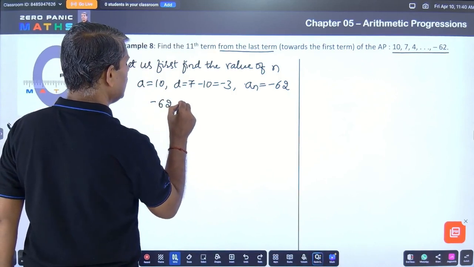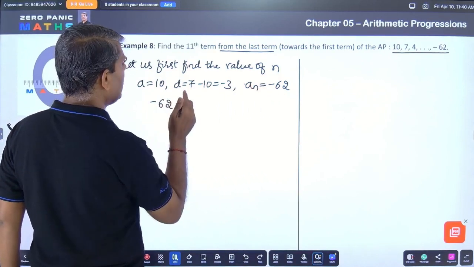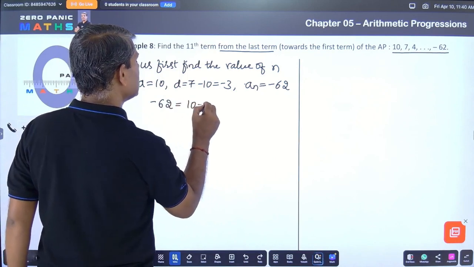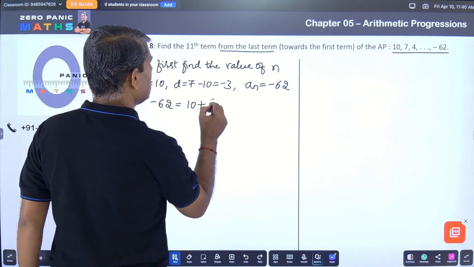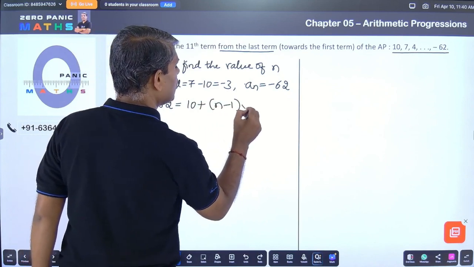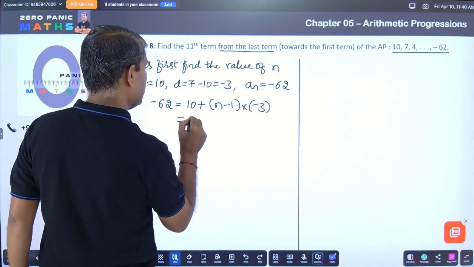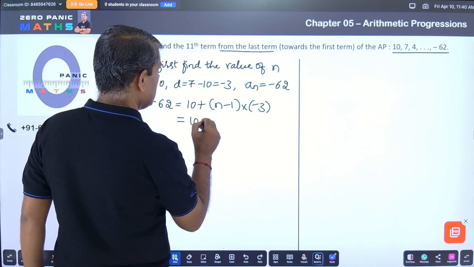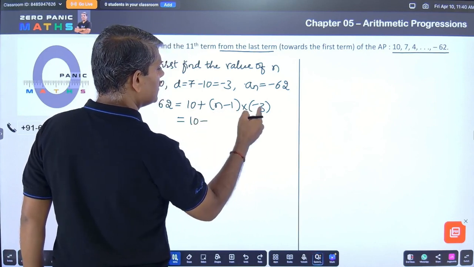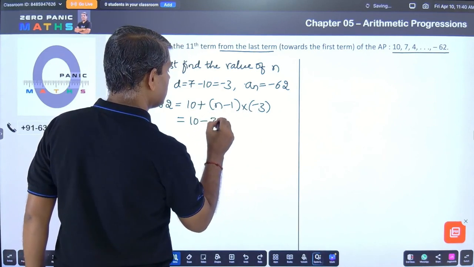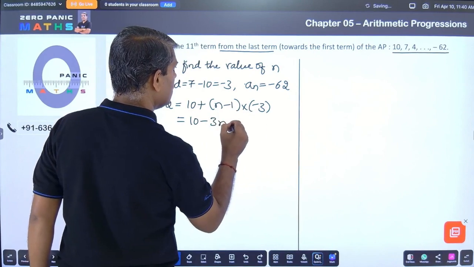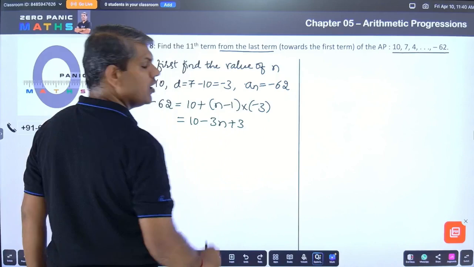Minus 62, that is an. an is equal to a plus n minus 1 into d, that is 10 plus n minus 1 into minus 3. So this will be 10 minus 3n, and minus 3 into minus 1 is plus 3.